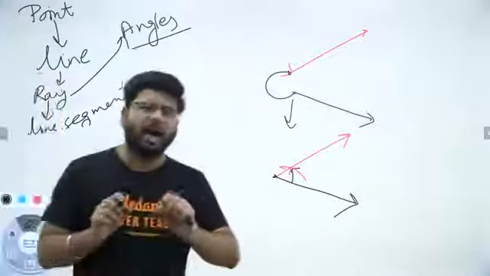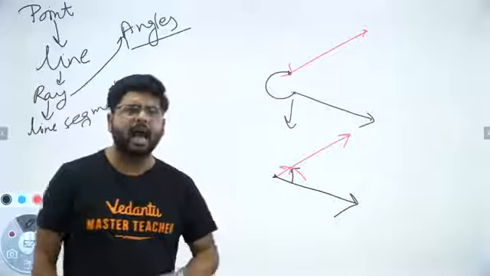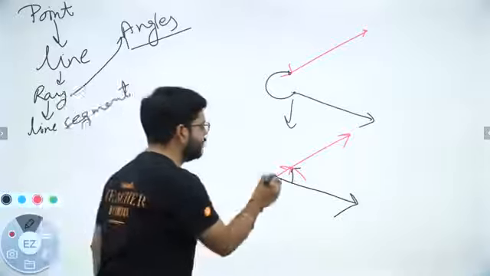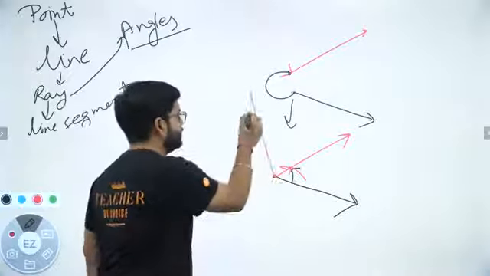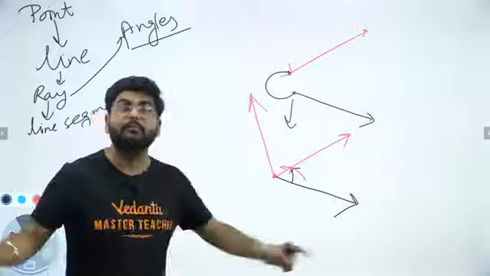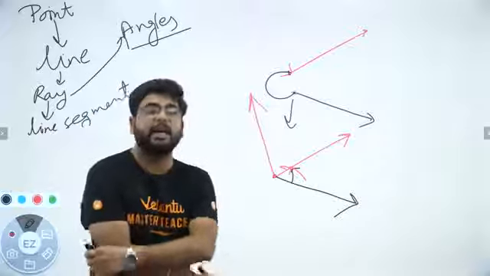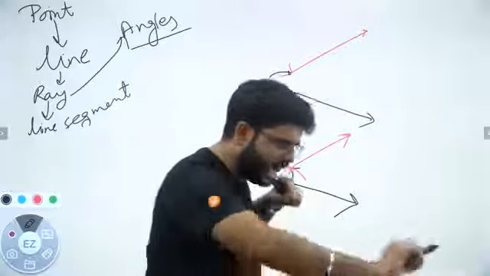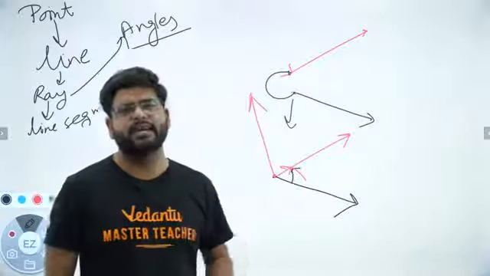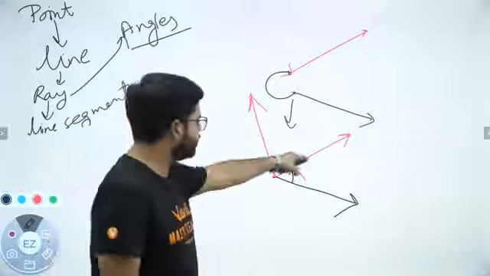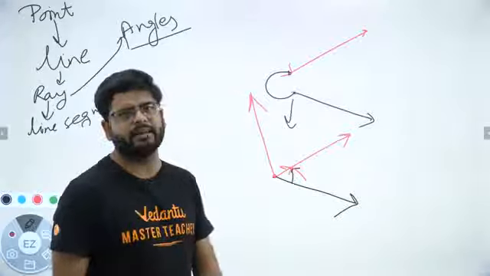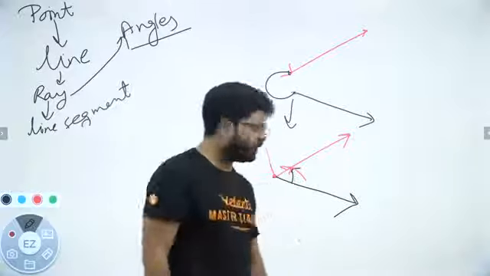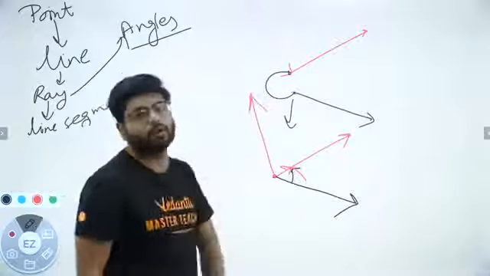Guys, just try to understand how many such rays can I pass through the same point or the endpoint? Infinitely many. Do you know why? Because a line doesn't have any width. It is one dimensional. Similarly, a ray also doesn't have any width. So I can make as many rays as I can, right? There is no particular count onto it.